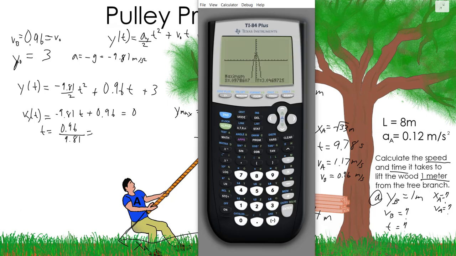Calculate. 0.96 divided by 9.81. And again, this is a different time, so this will be added to the other time, this time over here, in order to get the total elapsed time of him pulling it to where it peaks.